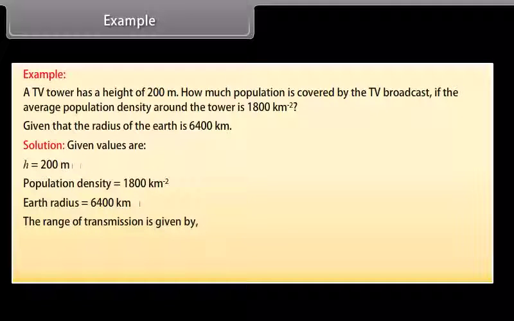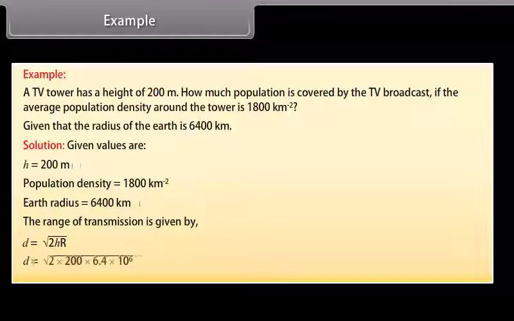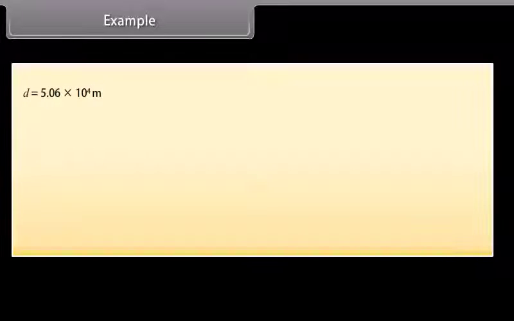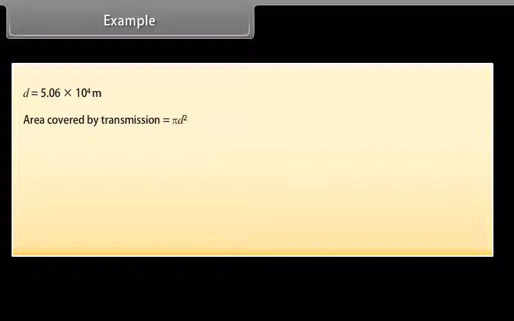The range of transmission is given by d is equal to square root of 2hR. Now, put the values and calculate. We get the value of d is equal to 5.06 into 10 raised to the power 4 meter. Area covered by transmission is equal to pi d square.